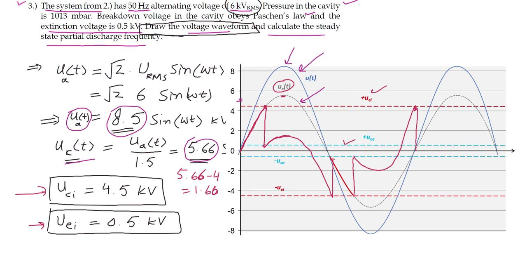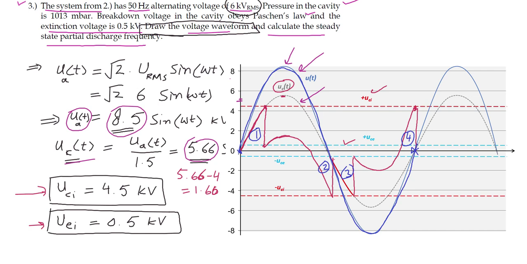And now we can count how many pulses we can see. 1, 2, 3, 4 pulses in one cycle. Our power cycle started from here, went all the way, and then completed one cycle, completed here.